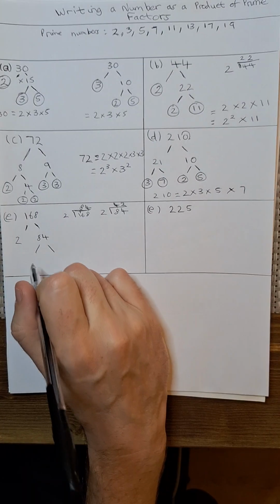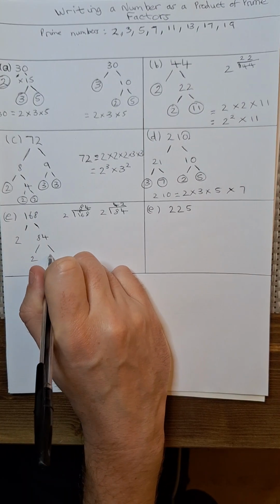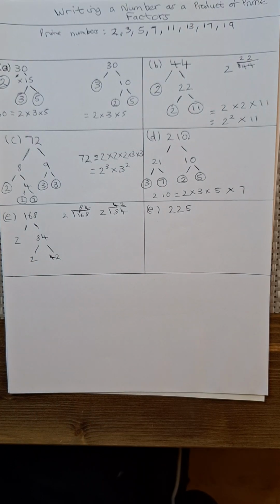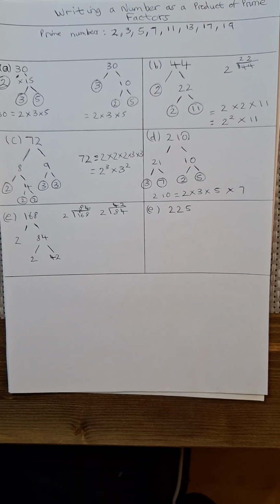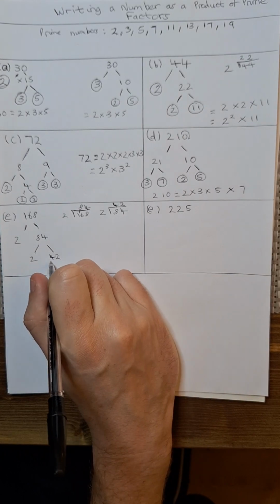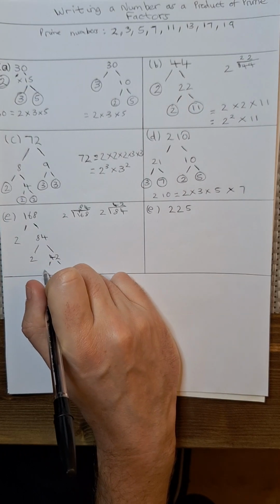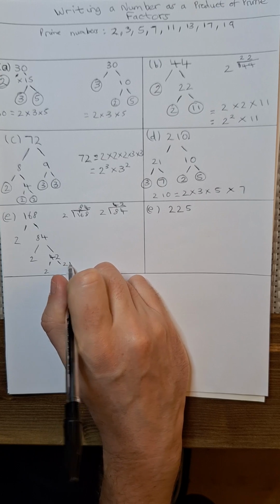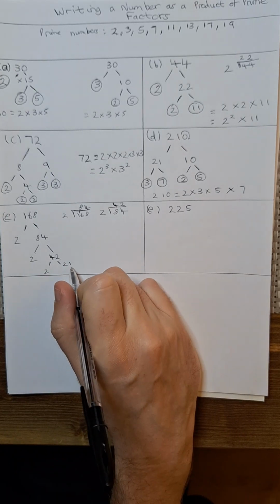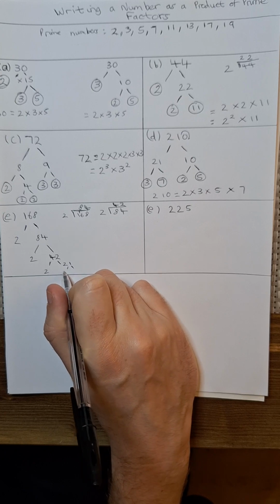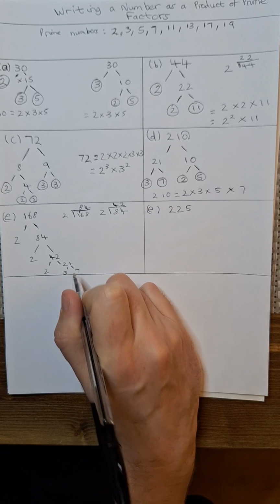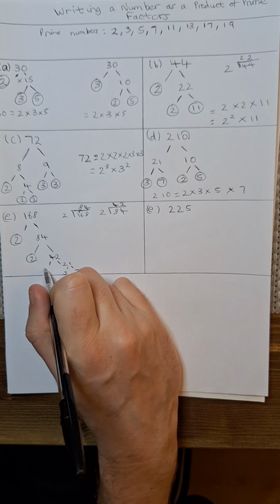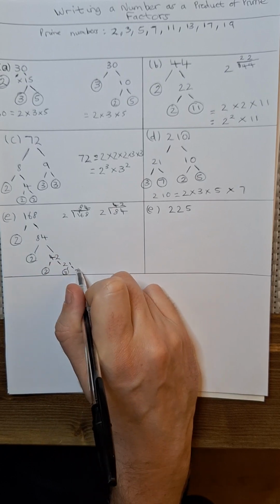And then 2 times 42 equals 84. Again, it's an even number. Simply divide by 2. 2 times 21 equals 42. And to get 21, do 3 times 7. Yes, all these are prime.